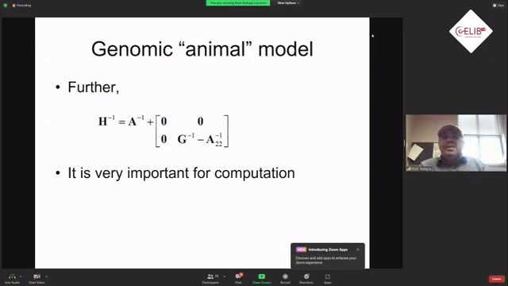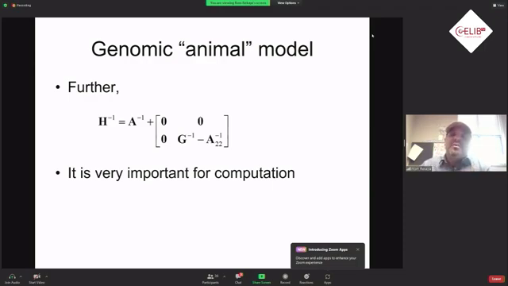You will see that you will end up having a matrix like this. And this is the matrix H I think Amr alluded to. This is what it is. It's a matrix that is basically the inverse of the additive relationship matrix, the average one, A minus 1, plus this contribution. If you look at this contribution, the only non-zero contribution is on the bottom corner of that matrix.